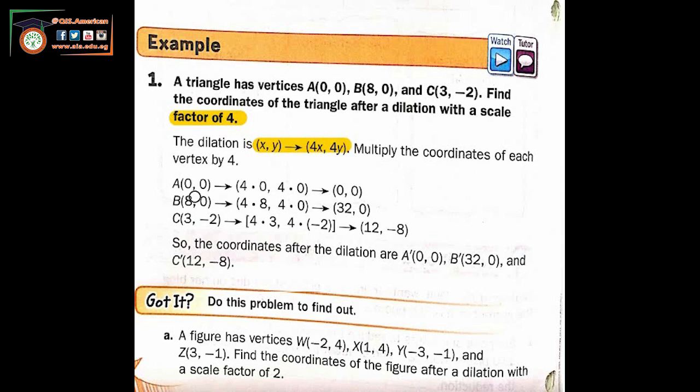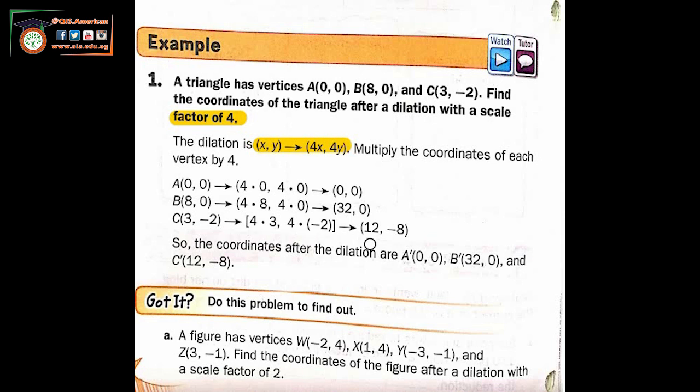Now, A becomes A dash. 4 times 0 is 0, 4 times 0 is 0, so A dash stays 0 and 0. B dash: B is 8 and 0, so 8 multiplied by 4. You have to remember the times table. So 32. And 4 times 0 is also 0.